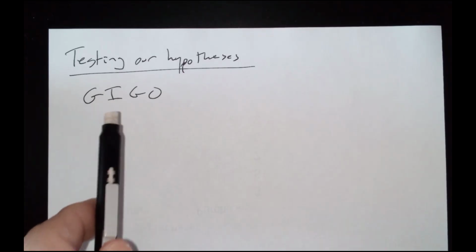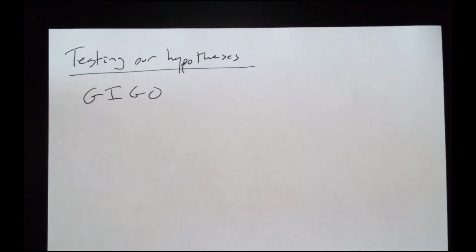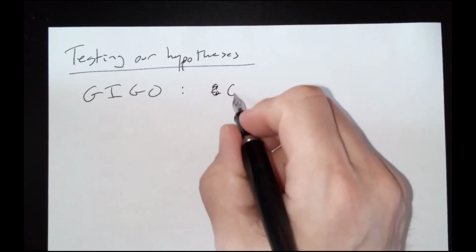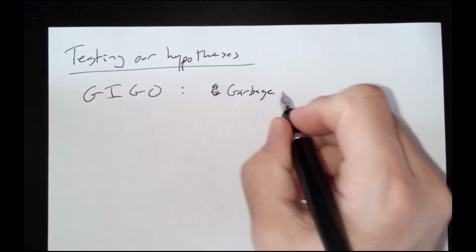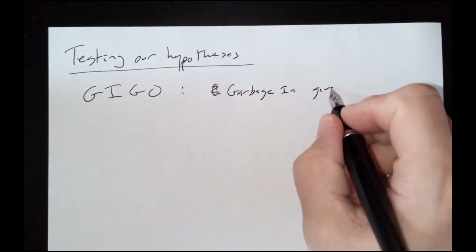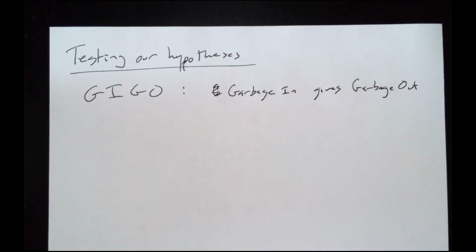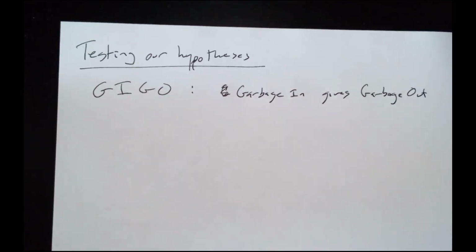If you put garbage in, you're going to get garbage out. So please make sure you have as accurate and as complete a set of data as you can when you go to do a test on your hypotheses, whatever those are.